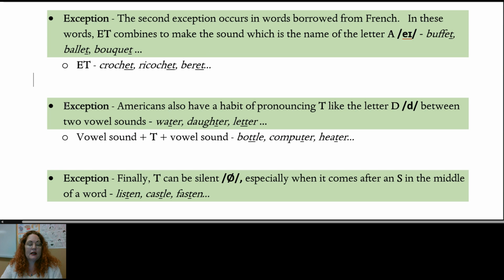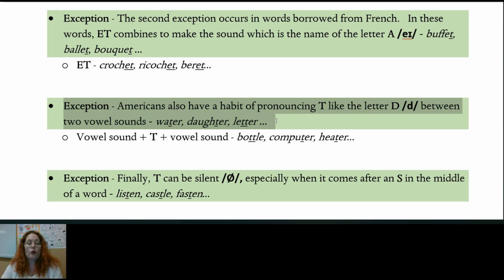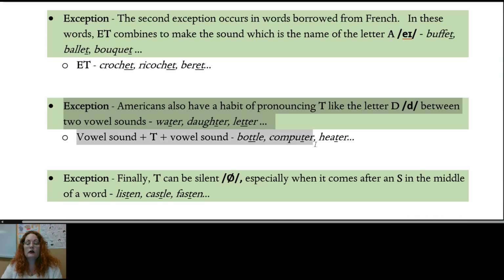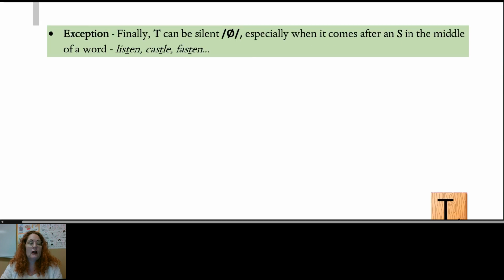Americans have the habit of pronouncing T in the middle of the word as if it were a D. For example, water, daughter, letter, bottle, computer, heater, and this usually happens when the T comes between two vowels.